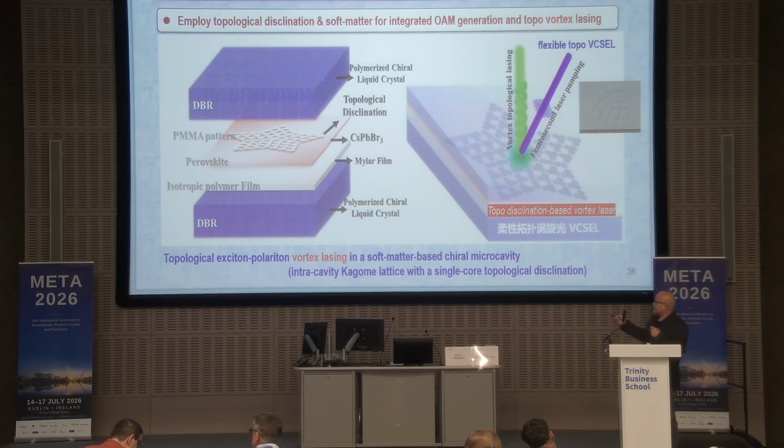Of course, with semiconductor structures it's very difficult, as it's fixed. So we're using soft matter to make it flexible, using perovskite material combined with cholesteric liquid crystal, to have a cavity with a topologically protected vortex. You can have a real vortex laser with topological protection.